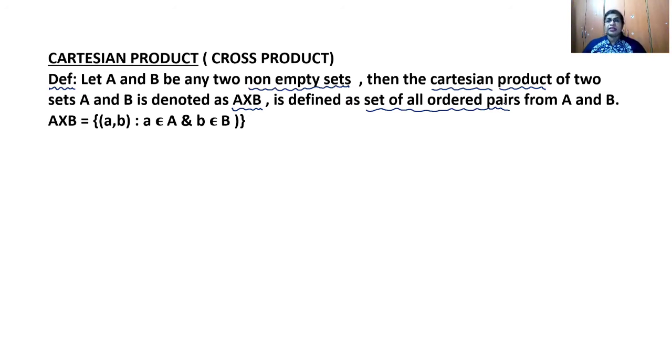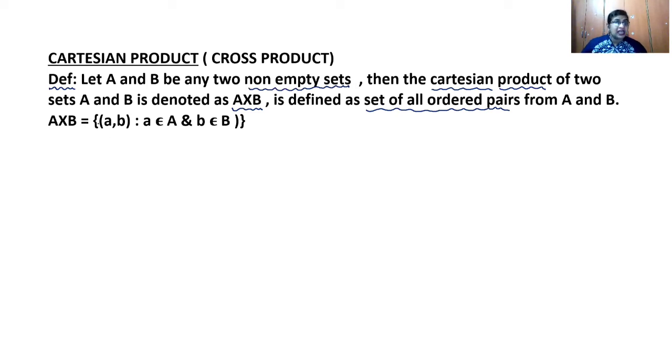Why ordered pairs? We have two sets A and B, so whenever we find the cross product, we are writing the ordered pairs. So what is the meaning of the set of all ordered pairs?